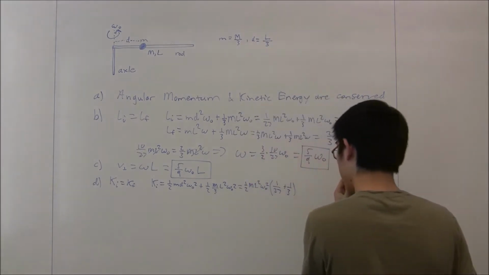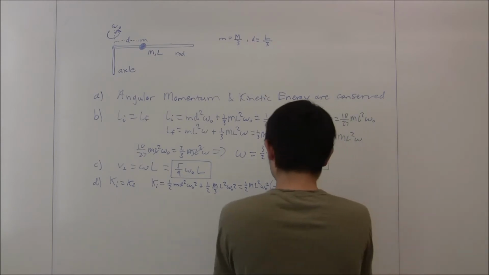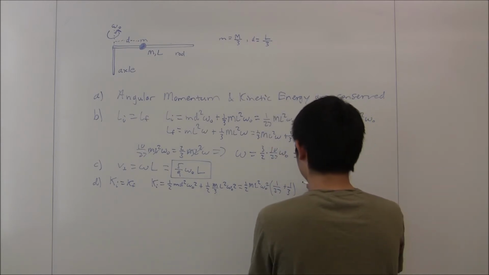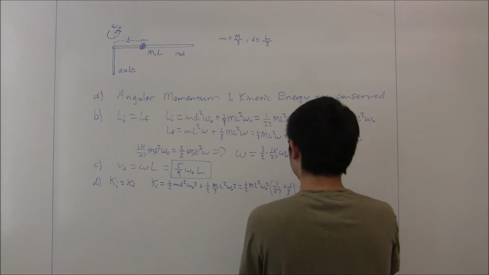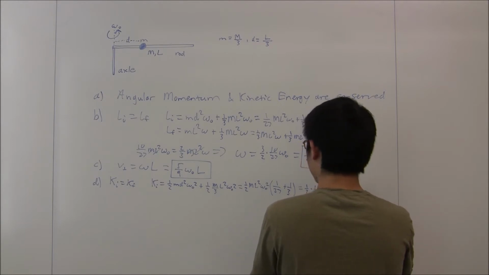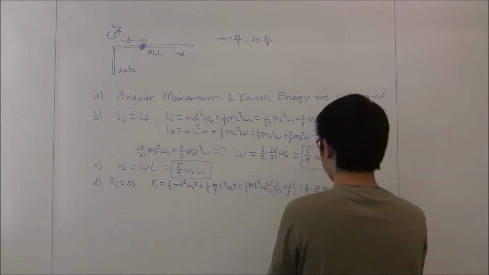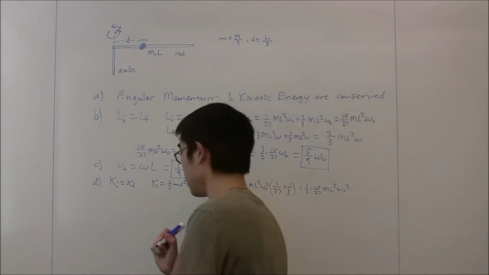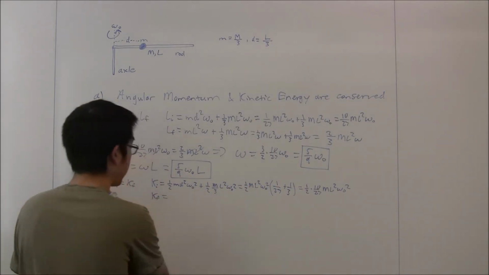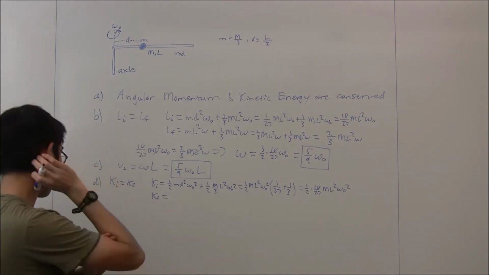Now this is just going to be 10/27. So we have half times 10/27 big M L squared omega naught squared. Cool. So now we can figure out what the final kinetic energy of the system is.